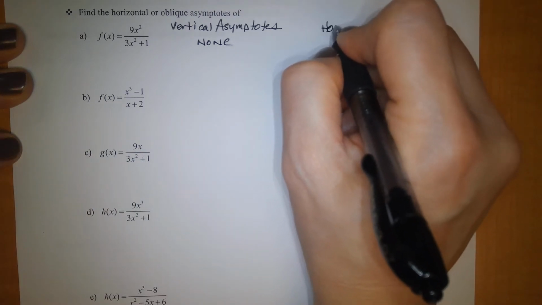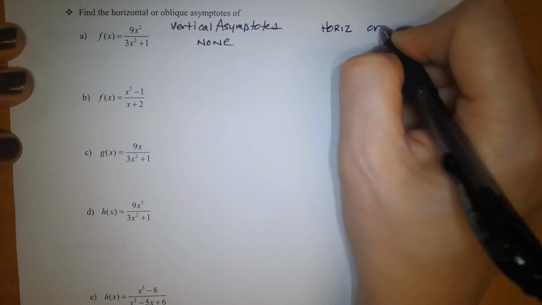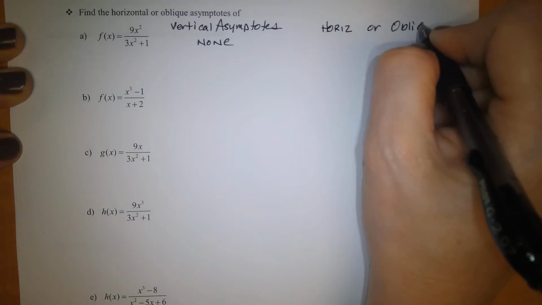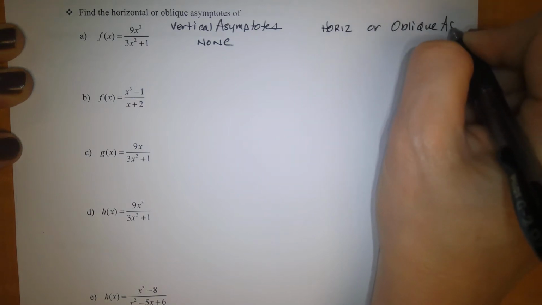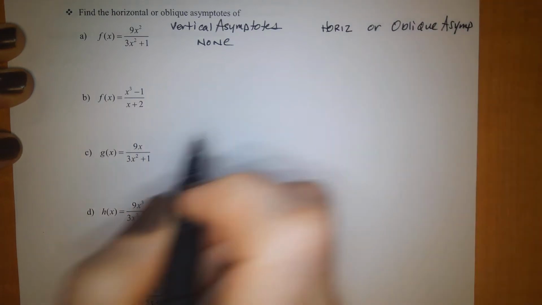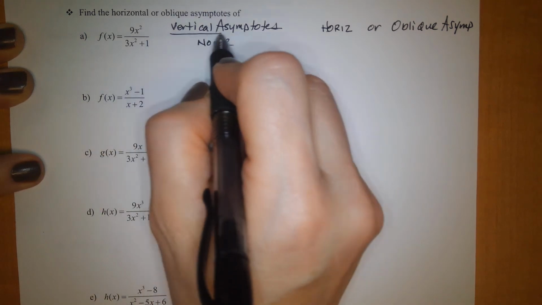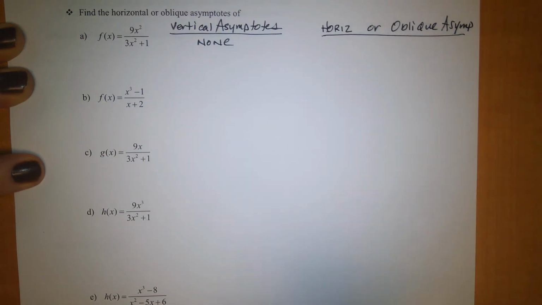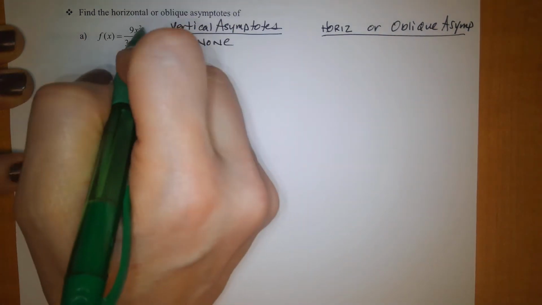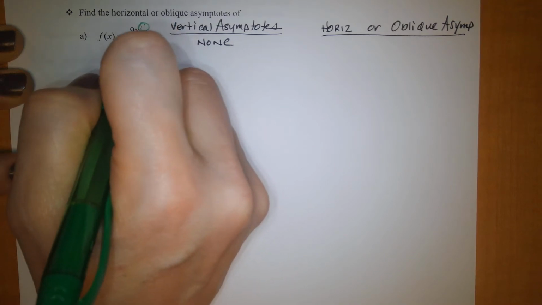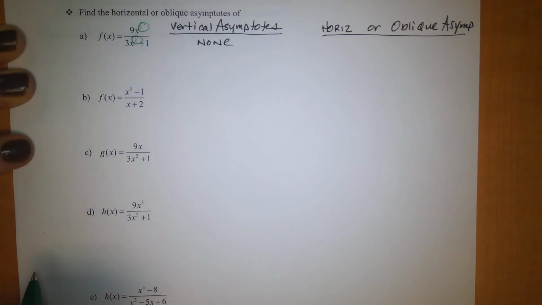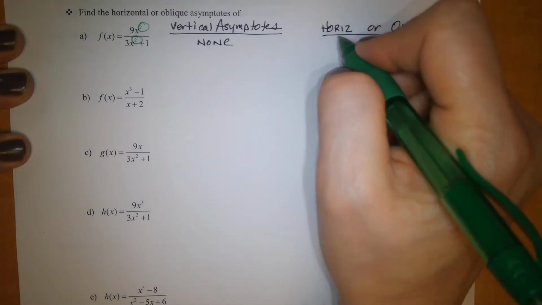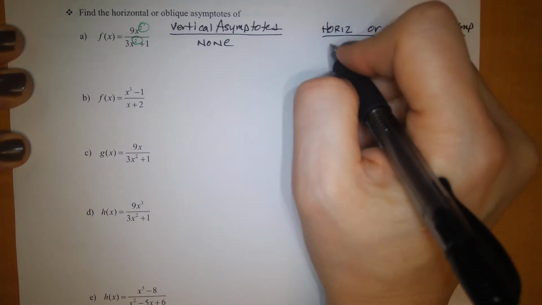Now, to either find the horizontal or the oblique asymptotes, we compare the exponents. If we look at the exponent of the x in the numerator and the exponent of the denominator, you can see that they are equal.